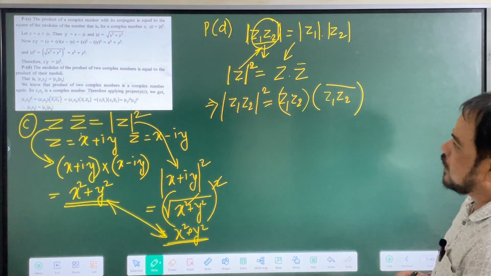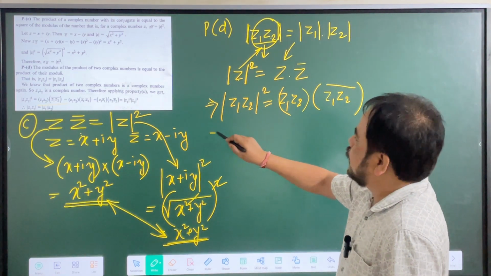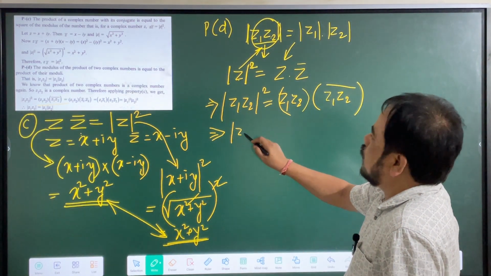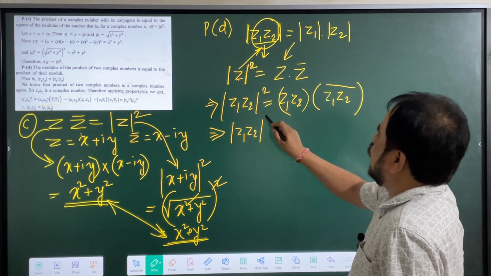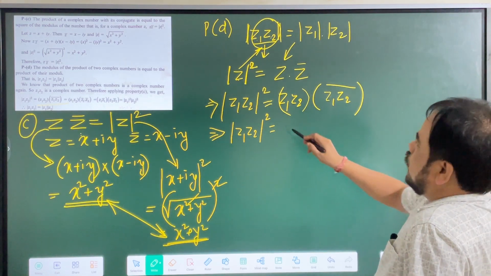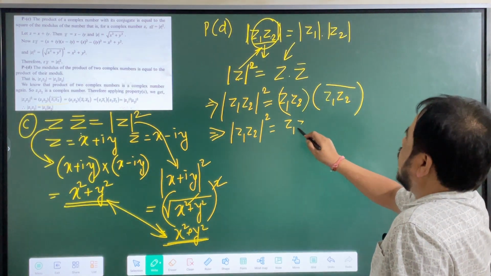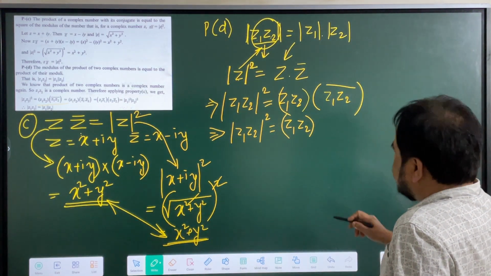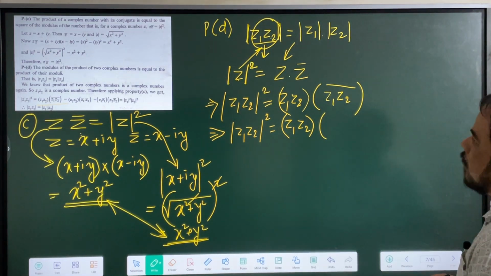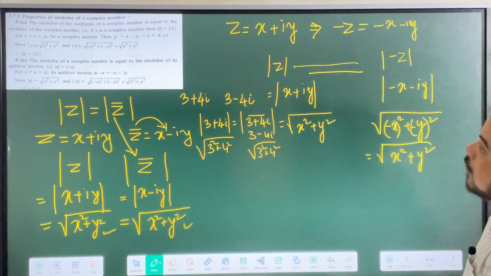This is what is written. Now Z1 Z2 square is equal to Z1 Z2 into this Z1 Z2 bar.